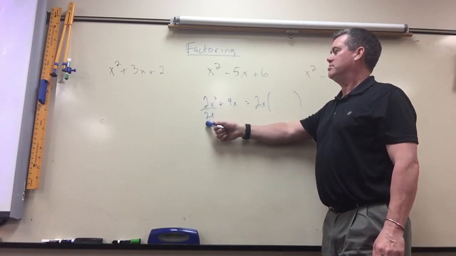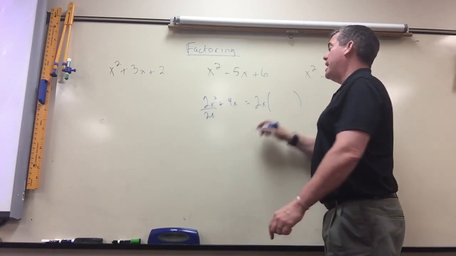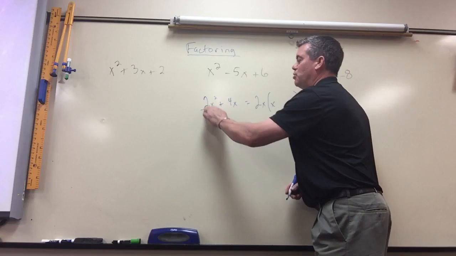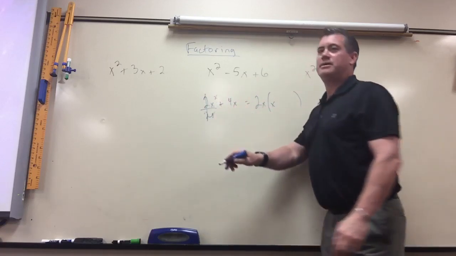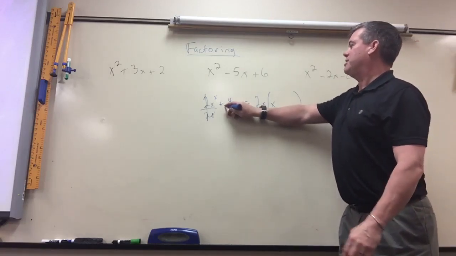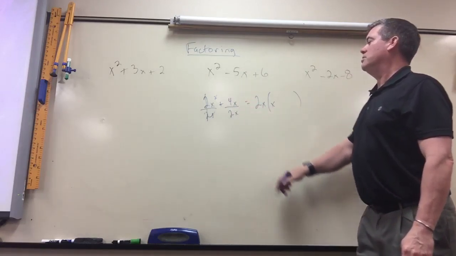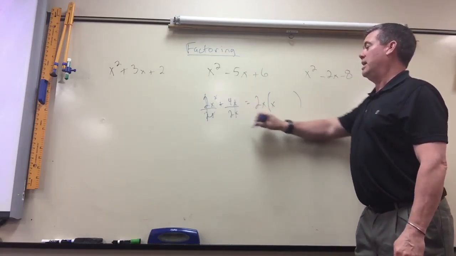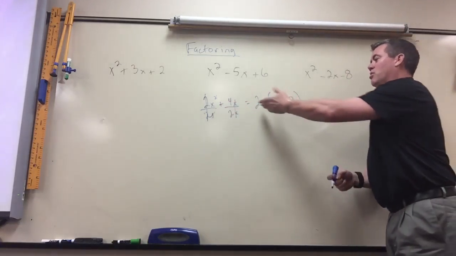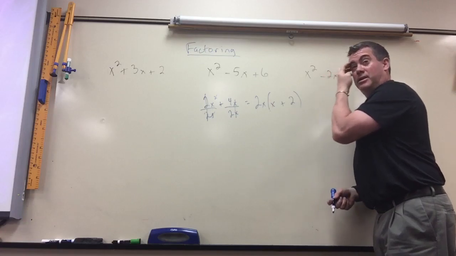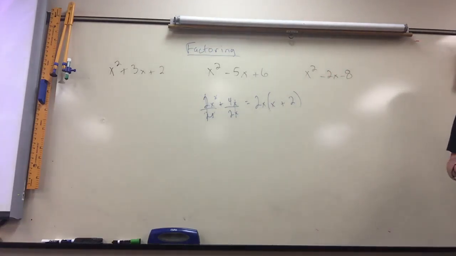What's left? If I take a 2x out of 2x squared, the 2's cancel and one of the x's, leaving just an x. If I take a 2x out of 4x, the x's cancel, and I'm left with a positive 2. So there's the factoring right there. You're going to have to do some like that. Those are the easy factors.